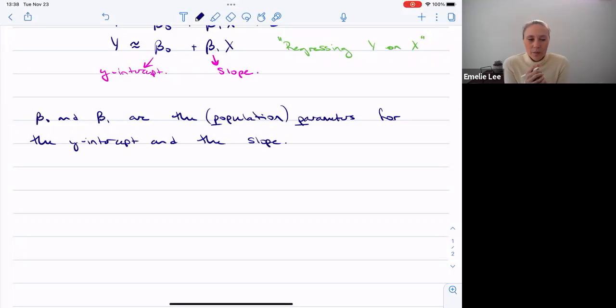Since we don't know the population, we're back at that problem that we've seen a lot in statistics in general: we don't know the parameter, so we use some estimate, some sample statistic. Population parameter, sample statistic. So we use some estimate, which is a statistic, in its place, and we try to estimate the parameters.